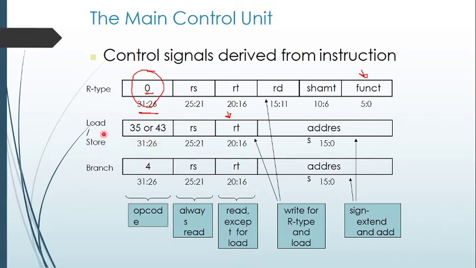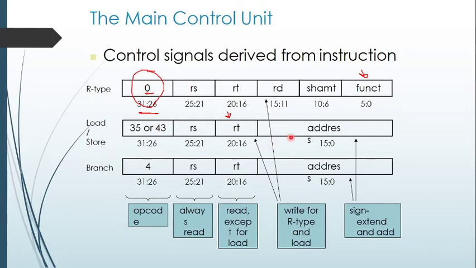For our subset of MIPS instructions that we are studying, these are load, store, branch, and R type instructions, as well as the jump instruction. These are the different values of opcode. An opcode of 0 means it's an R type instruction, which means the function field will decide what it's going to do.